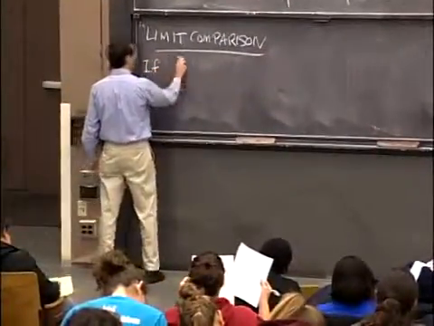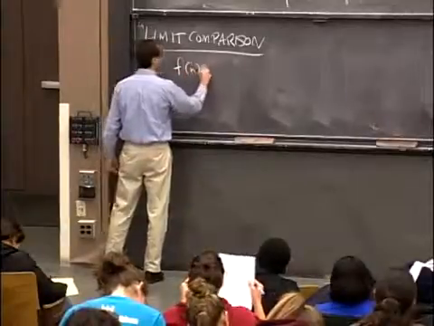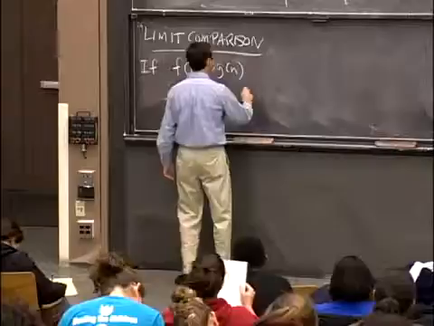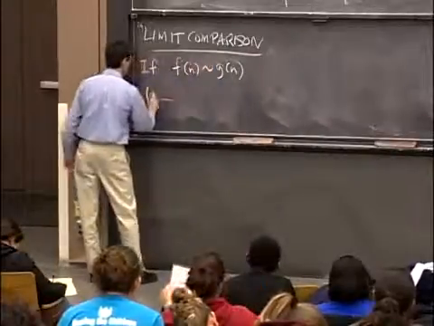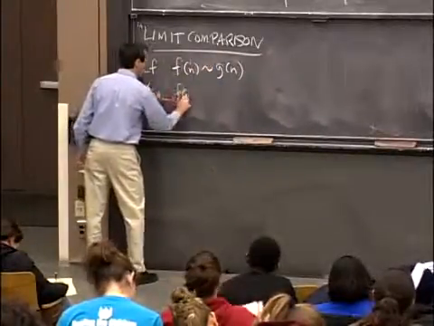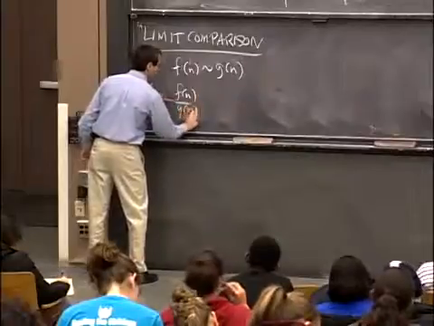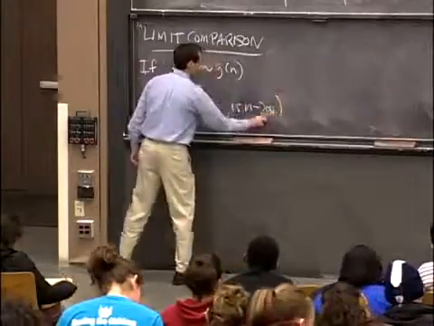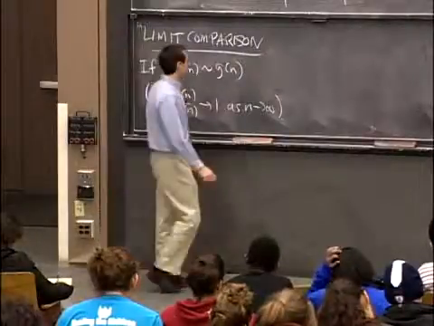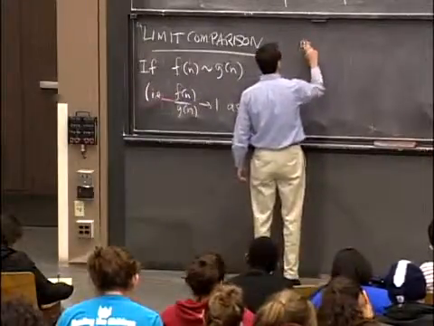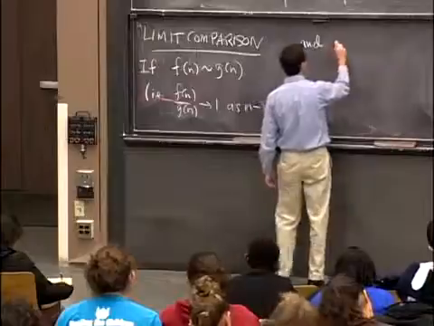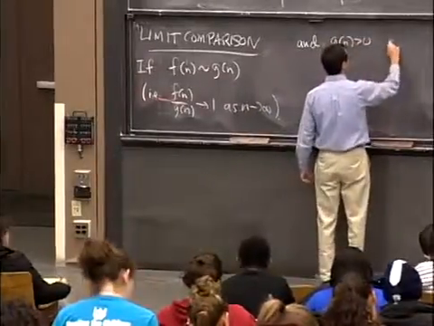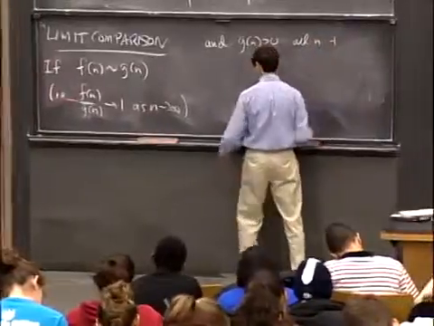If f of n is similar to g of n, we recall that that means f of n over g of n tends to 1 as n goes to infinity. And we're in the positive case, so let's just say g of n is positive.